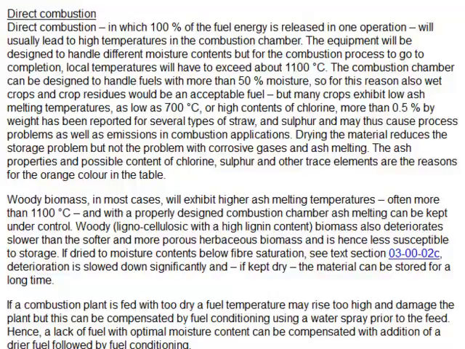But then it also has to be remembered that many crops will also exhibit quite high chlorine contents and also significant contents of sulfur, again in contrast to woody biomass, which would typically have very low contents of these elements.